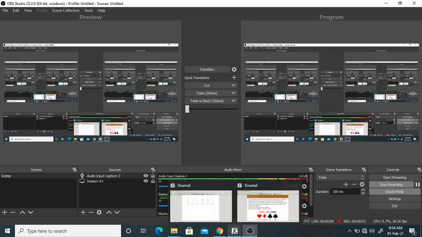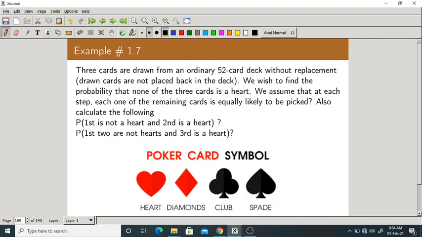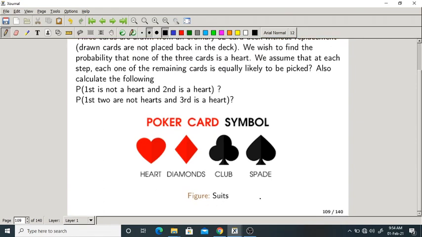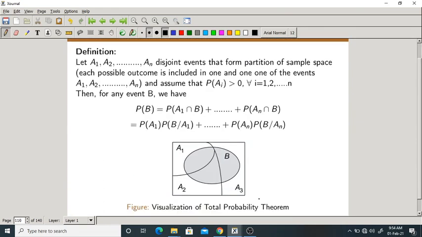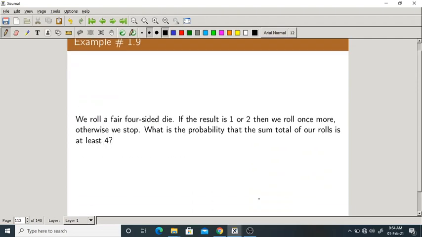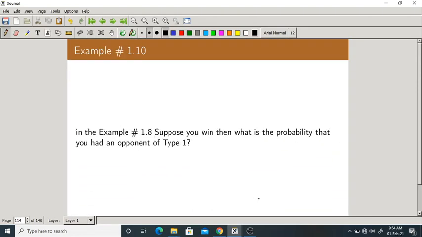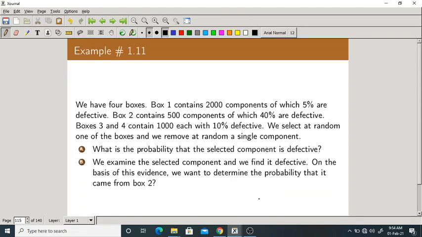So, in the last class, we have seen some problems based on the total probability theorem and Bayes theorem. So, we'll see some more problems regarding this. This is a problem which says that we have four boxes.